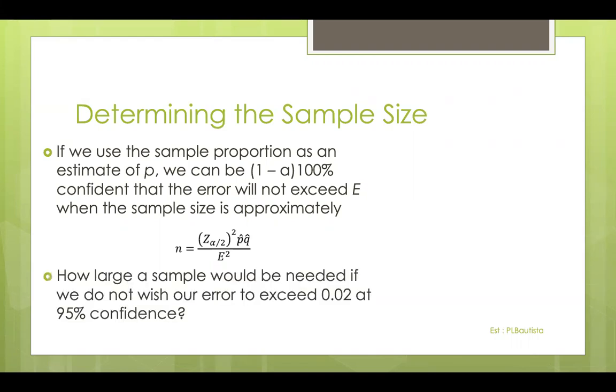Going to our previous example, how large a sample is needed if we do not wish our error to exceed 0.02 at 95% confidence? Z of alpha over 2, as mentioned earlier, is just equal to 1.96.